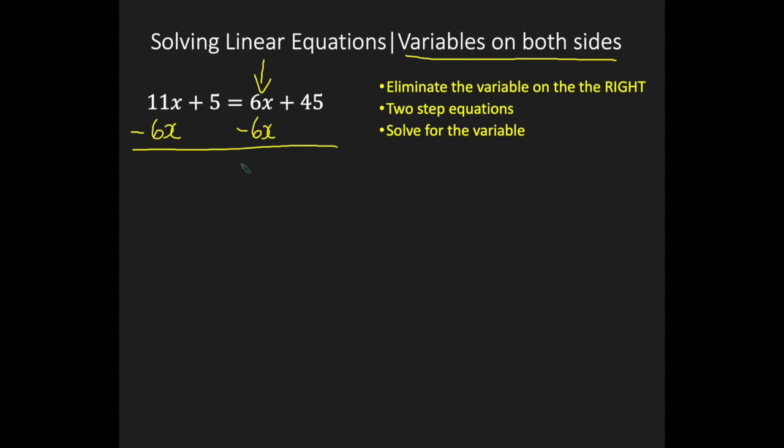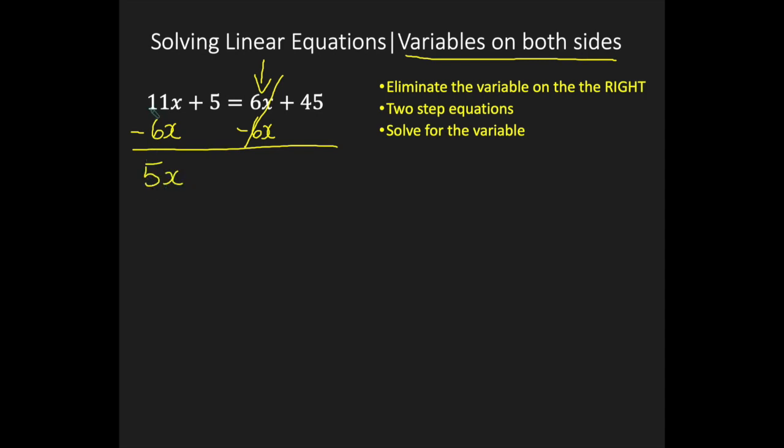I'm going to draw my line. Now remember I said eliminate the variable on the right. This is eliminated. Once you have a positive and a negative, you would subtract. 6x minus 6x is 0. They're eliminated. So over here, remember on the left, when your signs are different, you subtract. So this would give me 5x.